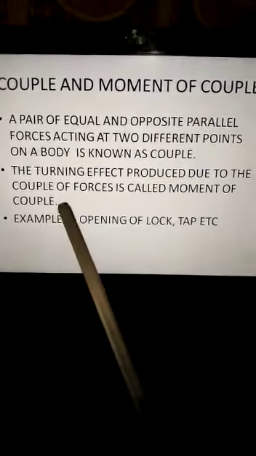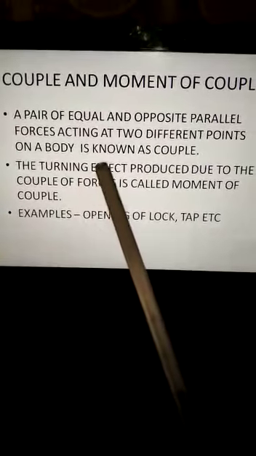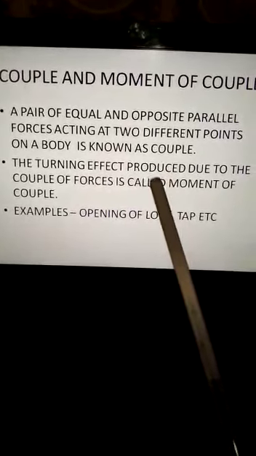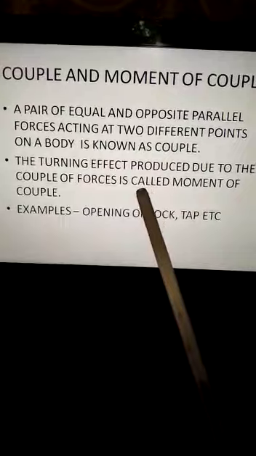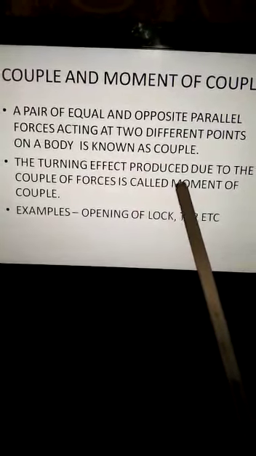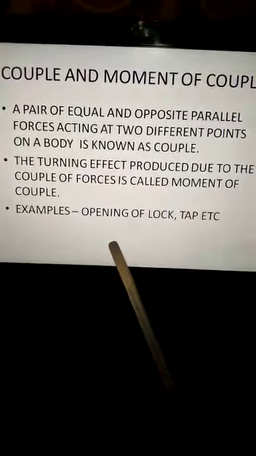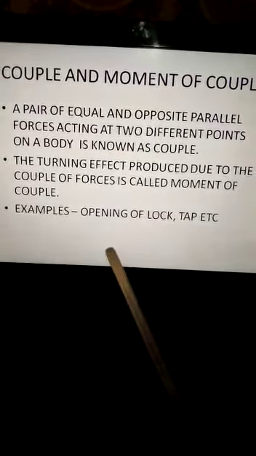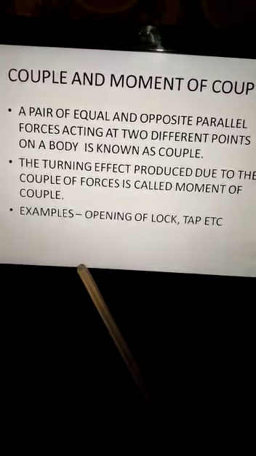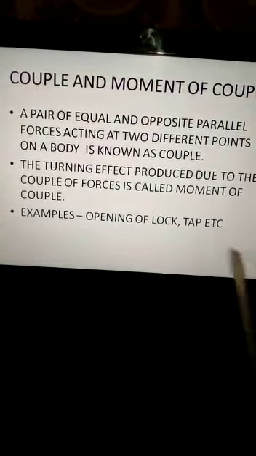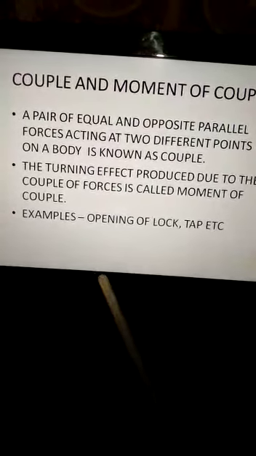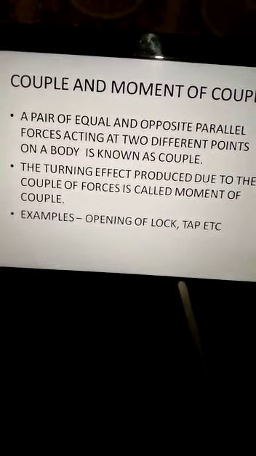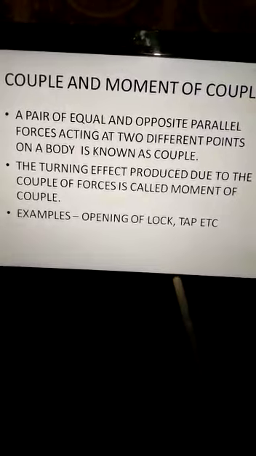Next is couple. Couple itself means two. That means a pair of equal and opposite parallel forces acting at two different points. You must have experienced while opening a lock using a key, two forces are being applied in equal and opposite directions, and then it will give a turning effect.